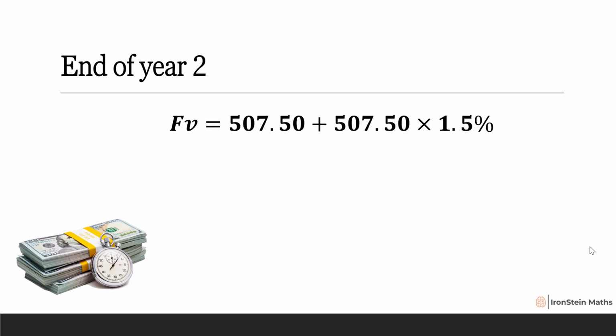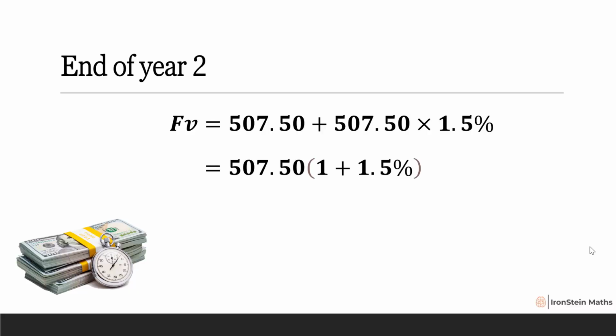So in this case, I take the initial amount of $507.50 at the beginning of the second year, and I add 1.5% of $507.50 to that amount. Again, I can factorize out the $507.50, and so I have $507.50 multiplied by 1 plus 1.5%.